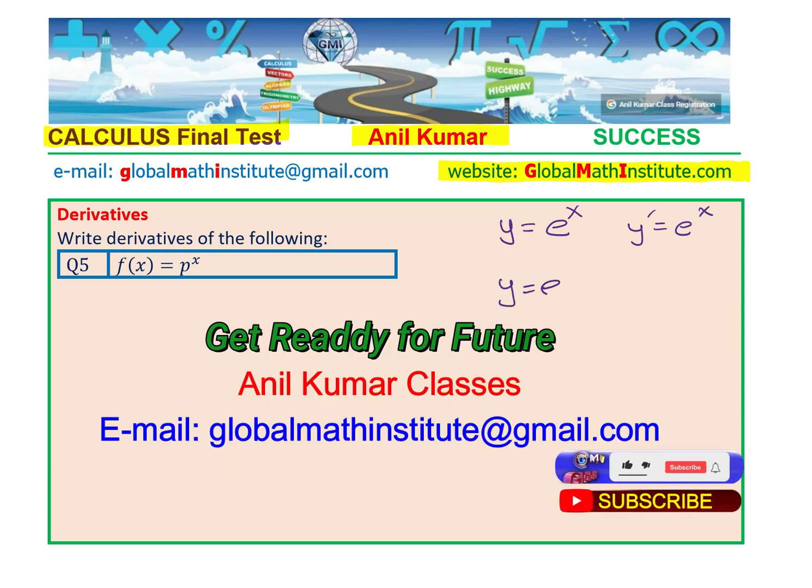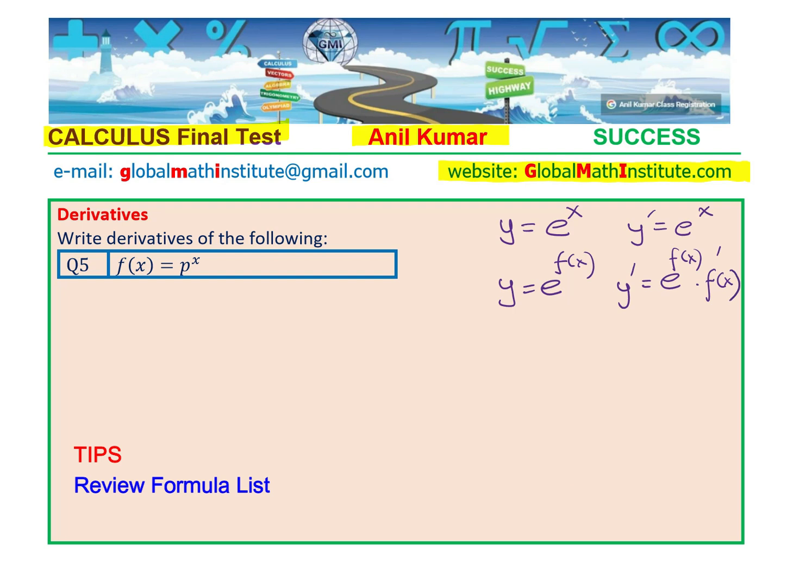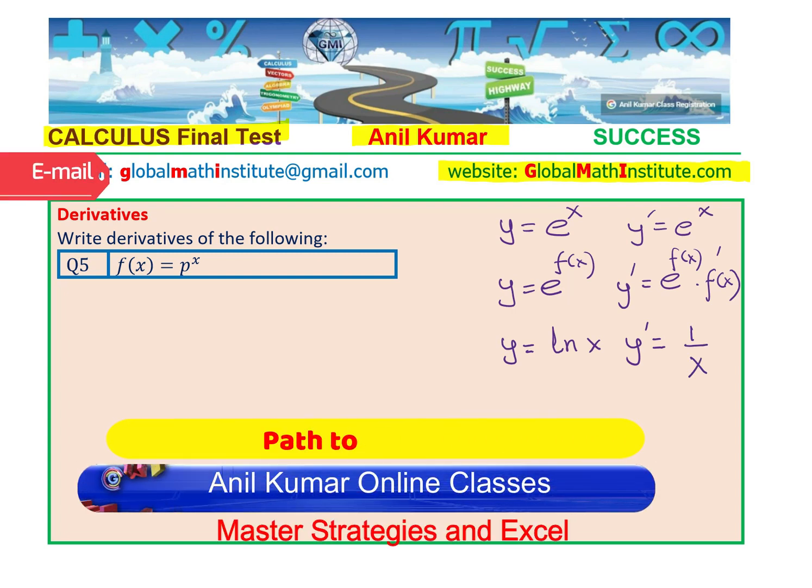If we are given e to the power of f of x, then the derivative is e to the power of f of x times the derivative of the function. So chain rule is applied. And if y equals ln x, then the derivative is 1 over x. Utilization of these formulas is important.